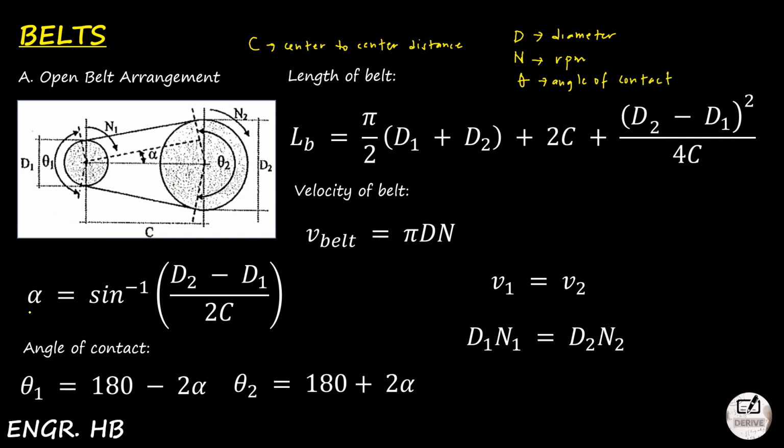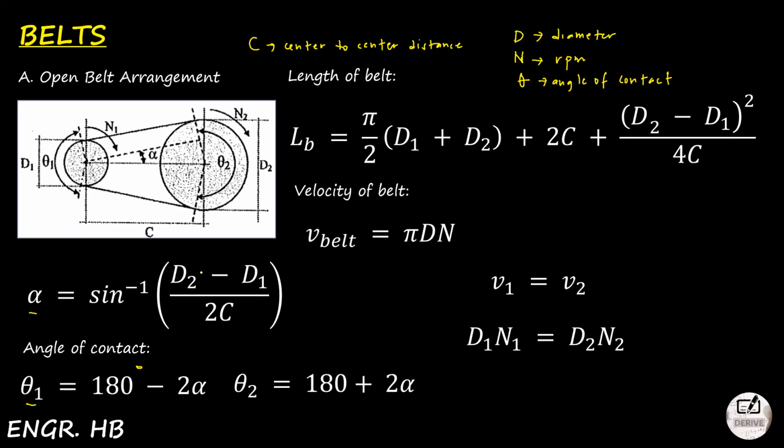So ano nga muna ba? Itong angle alpha shows the formula of arc sine of the difference of the two diameters of the pulley over 2 multiplied by the center distance. And of course, this angle of contact ay magkaiba sa both pulleys. So sa theta 1, itong sa maliit na pulley, that was 180 degrees minus 2 alpha.